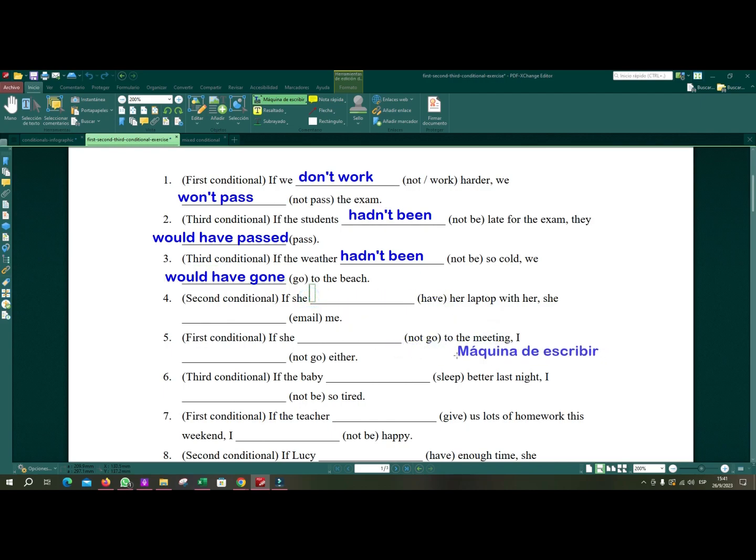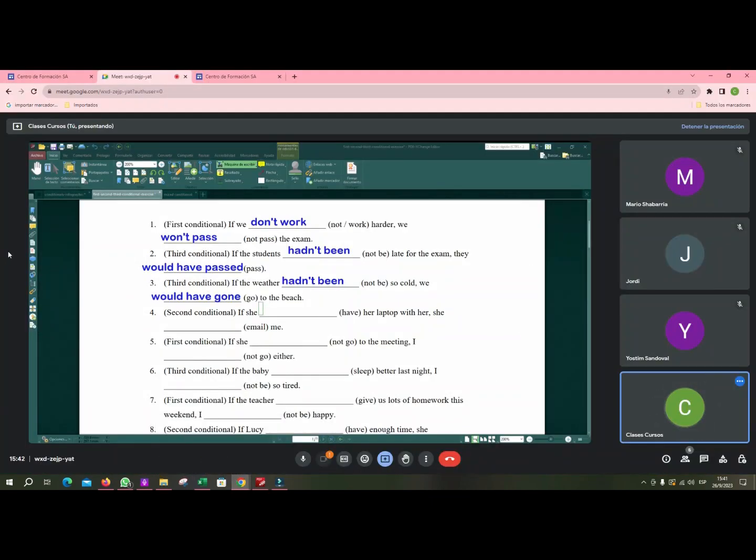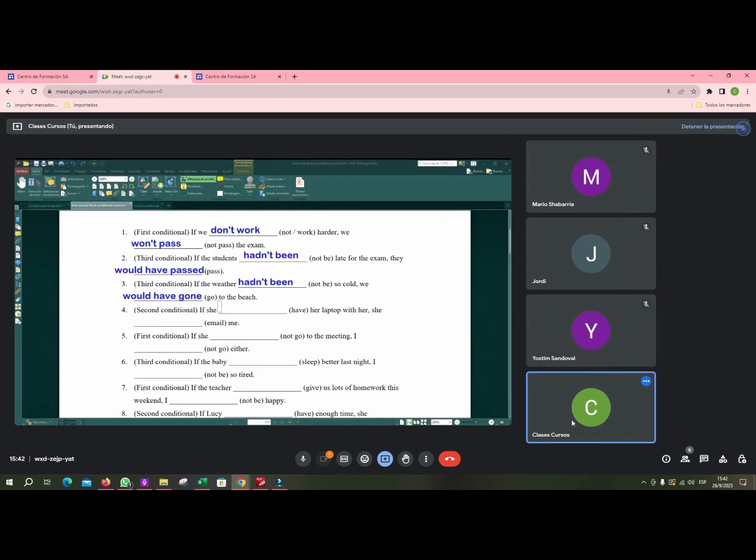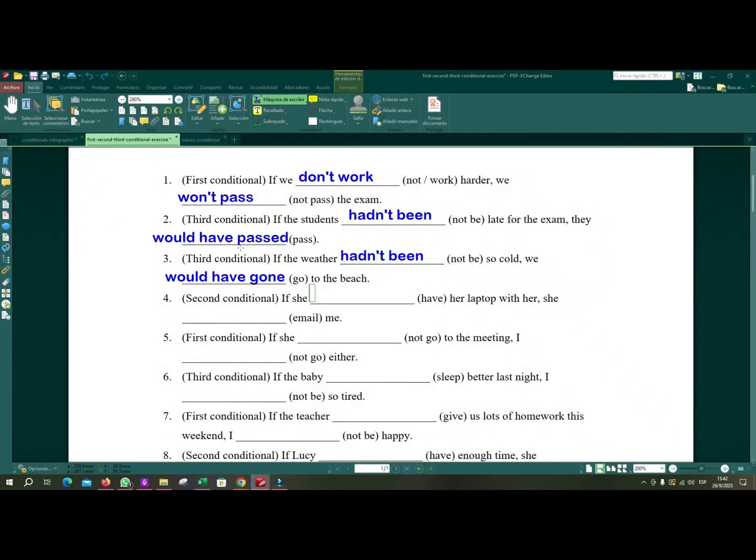What about the number 4? Justin, do you have the number 4? That is second conditional. Justin, sorry, that is not Jeffrey. Justin, do you have that one? No, right, you're not there. Mr. Mario, do you have the number 4? That is second conditional. Remember, simple past in the if clause, and then you're going to have would plus the infinitive of the verb.